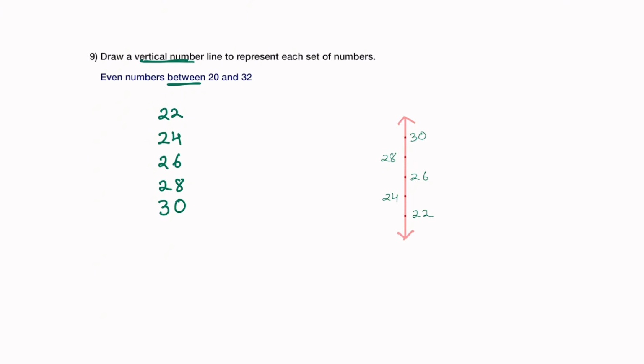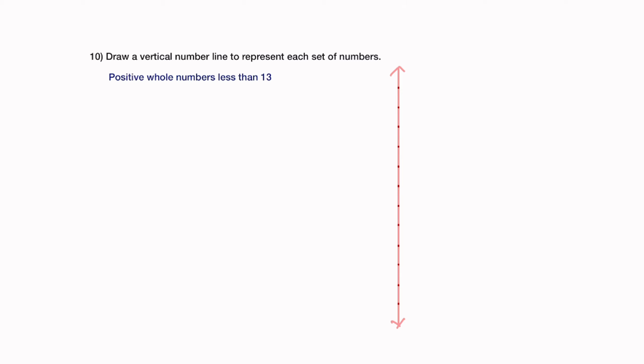Ready for the next? Again, vertical line, and it says positive whole numbers less than 13. Okay, so you have to start from 1, right? So 1, 2, 3, it will go all the way to 12. They're whole numbers, no decimals, no fractions, and they're positive.